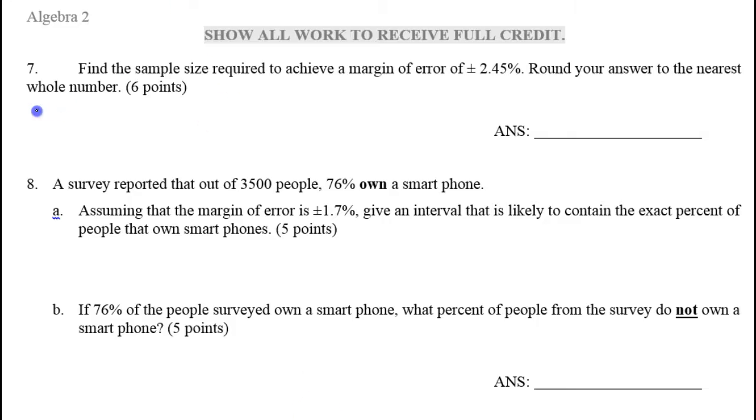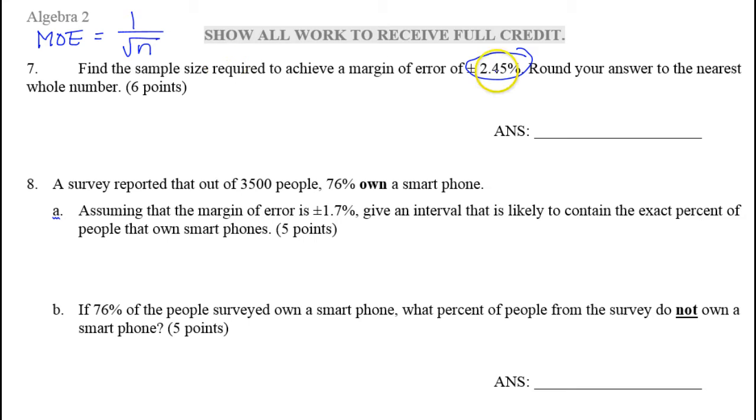Okay, so we know that the simple margin of error is equal to 1 over the square root of the sample size. And that n is what we are being asked to find. Now they gave us the margin of error is 2.45%. All right, the percent is important. The most common mistake that students will make is leaving off the percent.